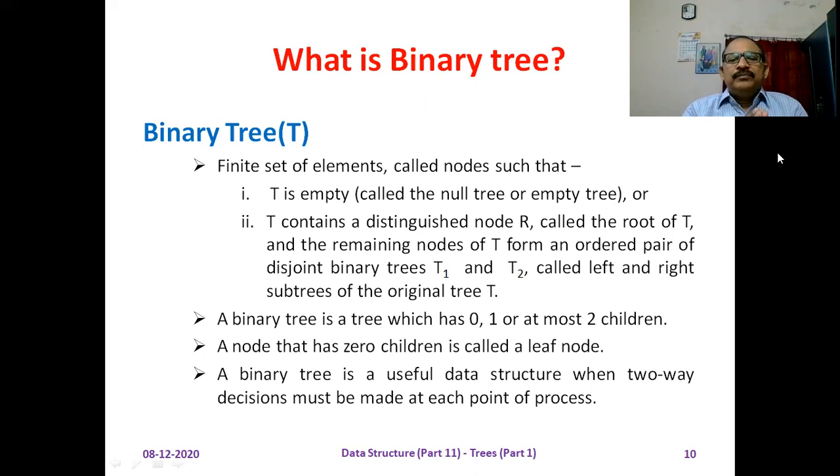In a binary tree, each node has 0, 1 or at most 2 children. A node that has 0 children is called a leaf node. We have already discussed it.